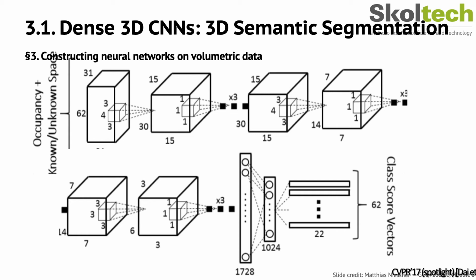So these are dense 3D CNNs that operate directly on the voxel grid, and these networks are very similar to the vanilla 2D convolutional neural networks, such as AlexNet, the older ones from the early days of modern deep learning at least.